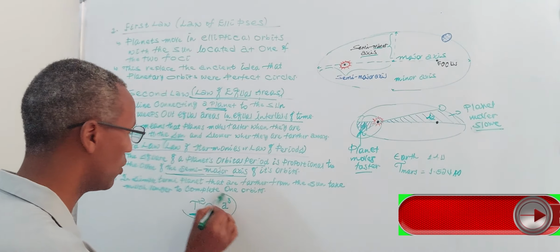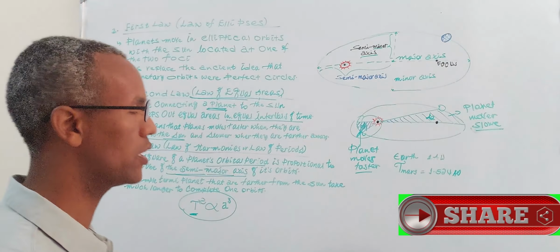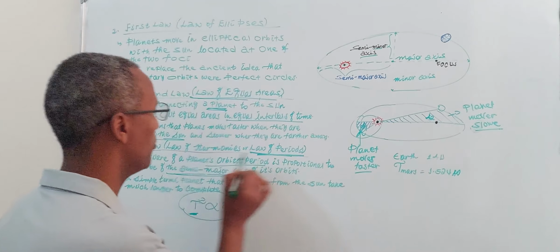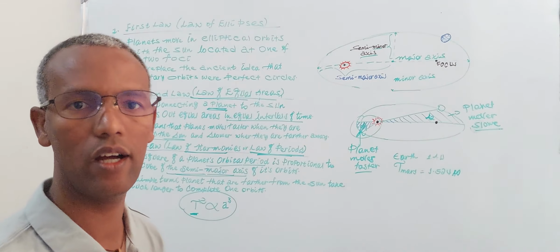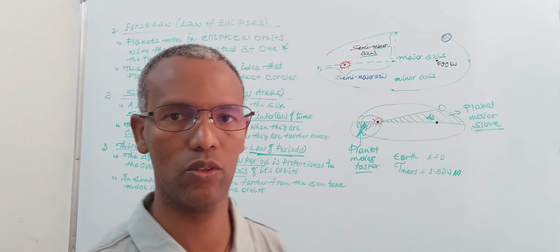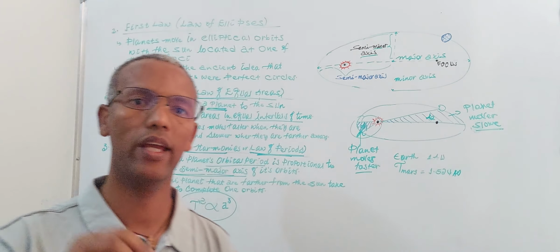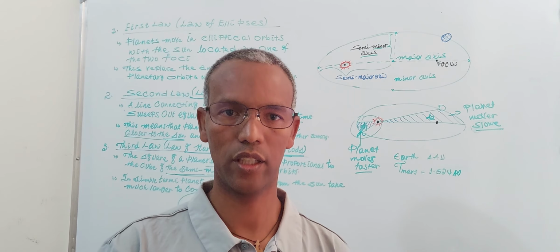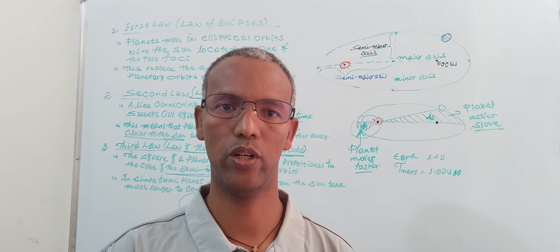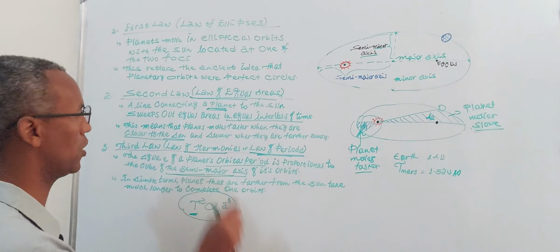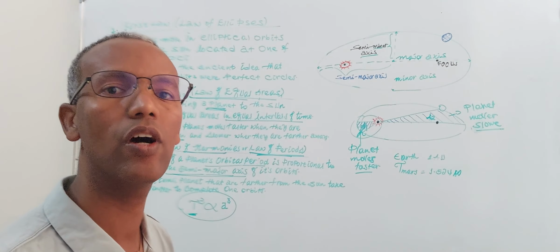We call it Kepler's third law, or the law of period, or harmonious law, because Kepler published this law after 10 years in his Harmonious World book.